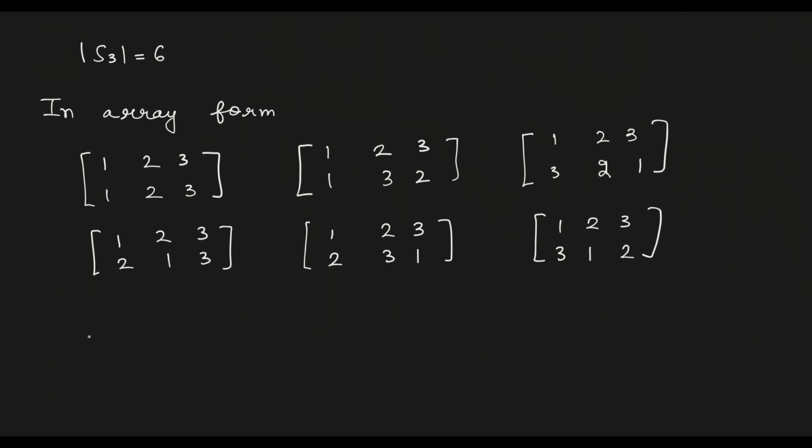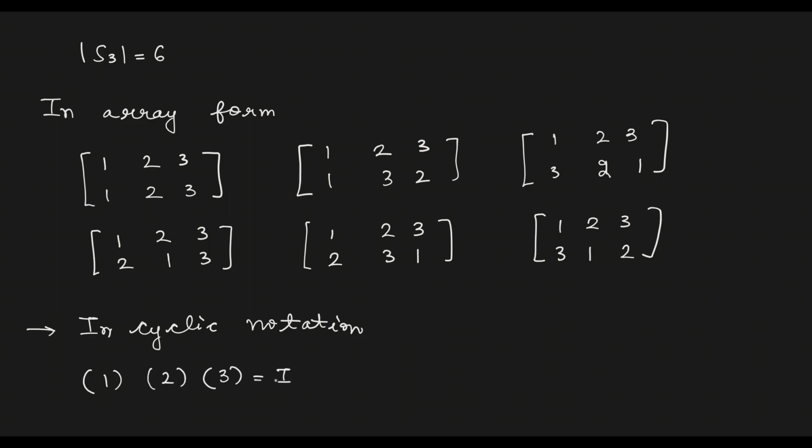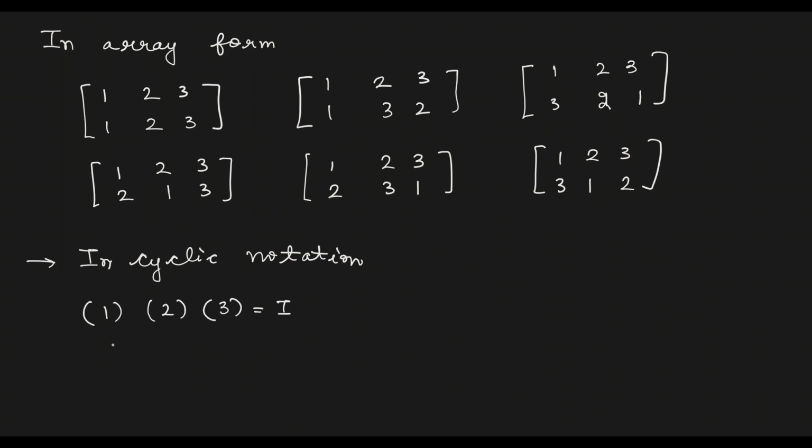Yes, ma'am. And in cyclic notation, 1 is mapped to 1, 2 to 2, 3 to 3: this is the identity. Next, this is (2 3).